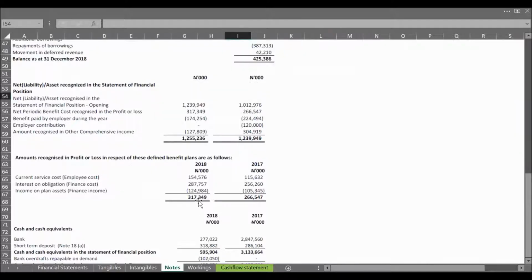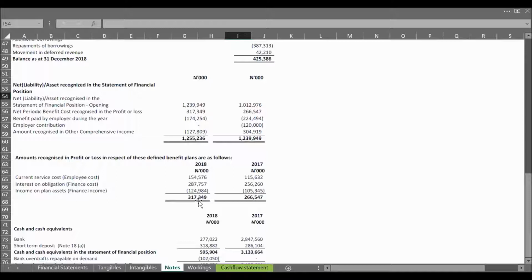Amount recognized as provision, which is based on the current service cost, interest on the defined benefit obligation, and interest income on the plan assets. So this entity has set aside money as defined benefits for its employees, and also plan assets to fund these liabilities.